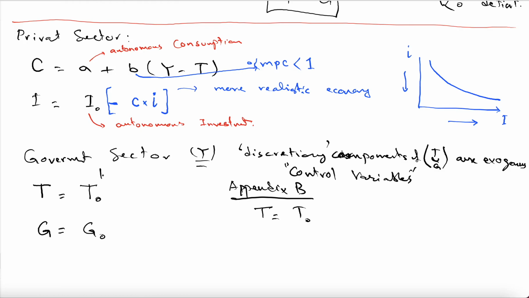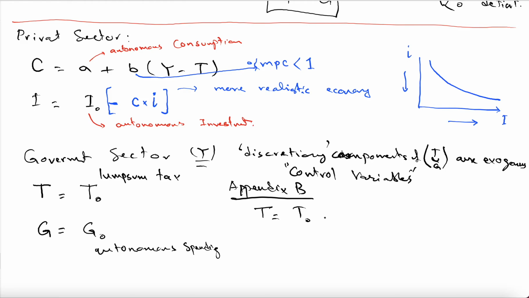This is called lump sum tax. Irrespective of the income level, we are collecting this amount of tax for the government. And we are spending this much money buying final goods and services. This is called autonomous spending for the government.